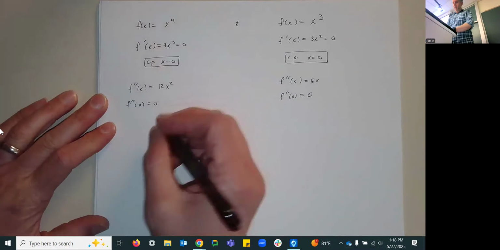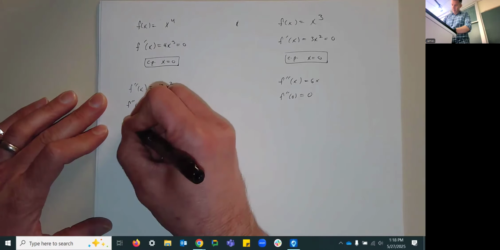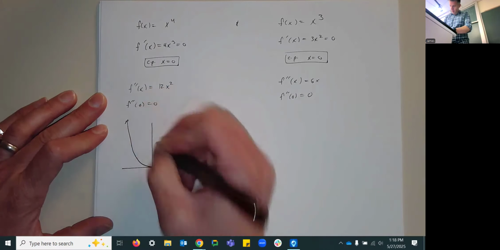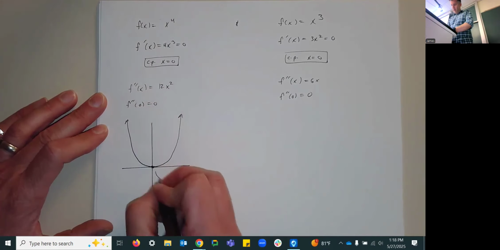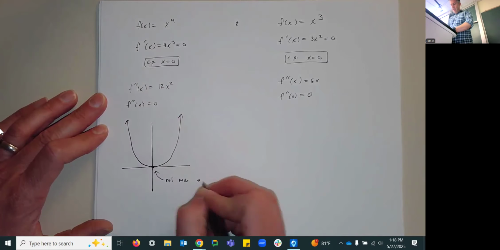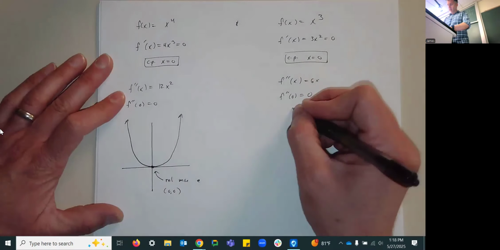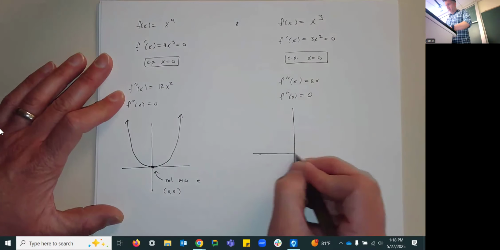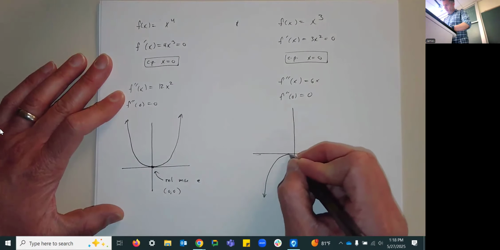This function, x to the fourth, looks like a really, really exaggerated parabola. So this function does have a relative minimum at (0, 0). Whereas this function, x cubed, is kind of your classic example of a function that has an inflection point right at the origin.